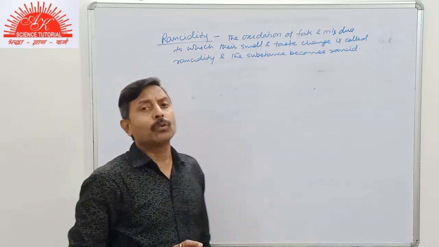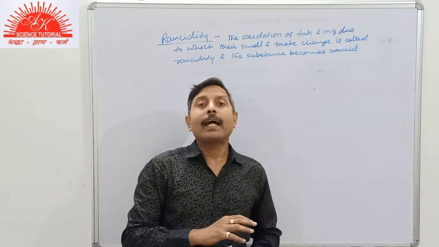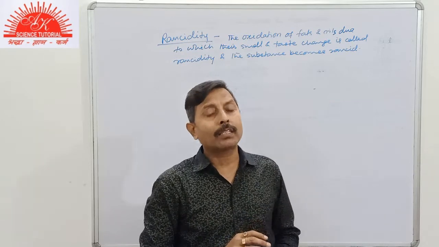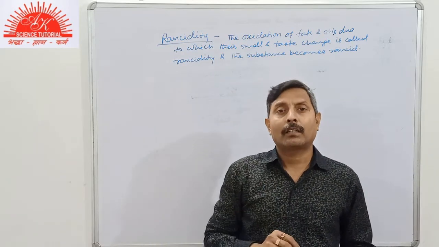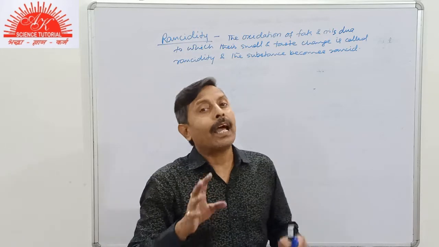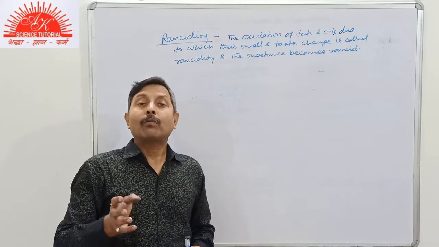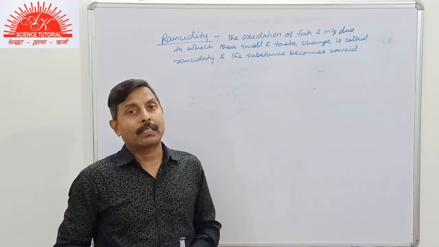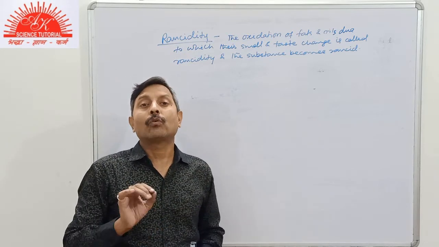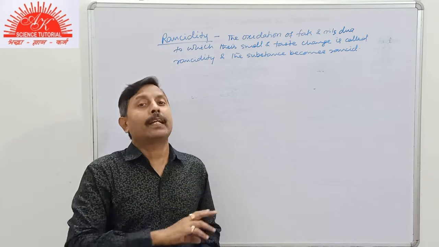In order to prevent food items containing fats and oils from oxidation, some chemicals are added to them for storage, before packaging, that will prevent their oxidation. And these substances are known as antioxidants.